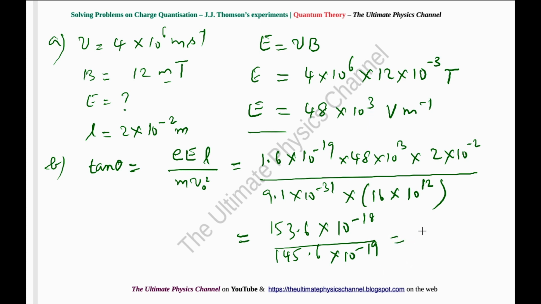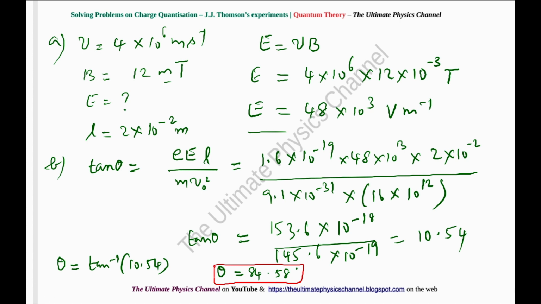Then this finally turns out to be equal to 10.54. That is tan theta, and theta is the deviation. By how far we mean the deviation that is caused, that is theta. That should be tan inverse of this number, 10.54, and therefore the final result is theta equal to 84.58 degrees. So that is the answer we are looking for in part B.